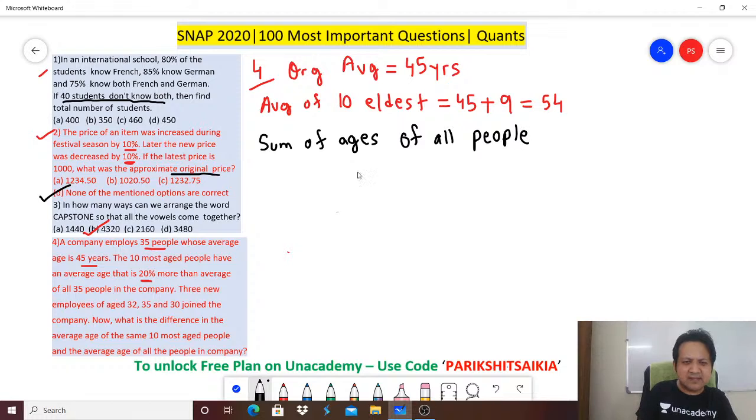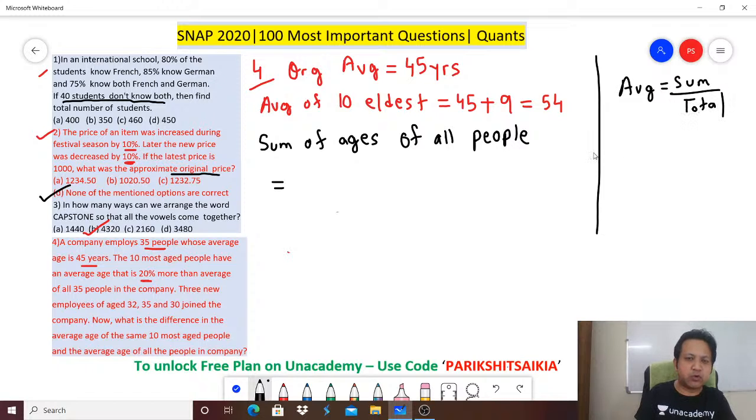Sum is nothing but average into the number of people. Average is sum divided by total. So sum is average into total. So average is 45 original average, right? How many people are there? 35. So 45 into 35 is the sum.